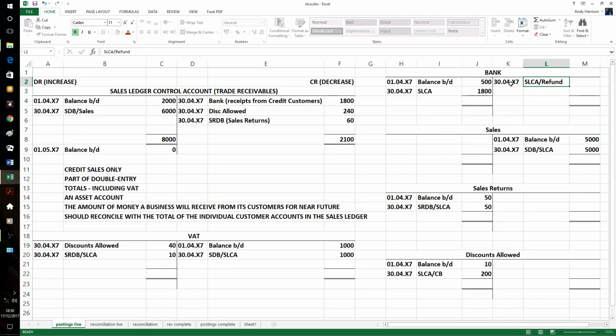Doesn't have a day book, so I'd have to go into a journal. £200 out the bank. Now we can balance it off. And carry it down.